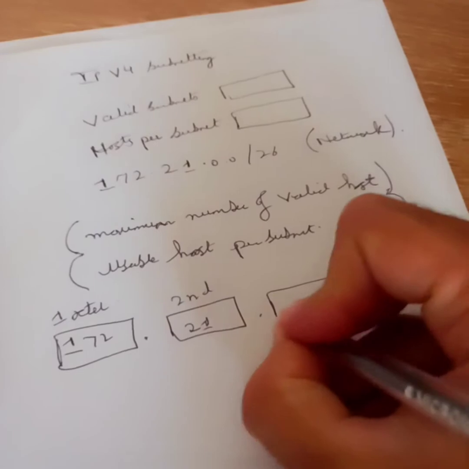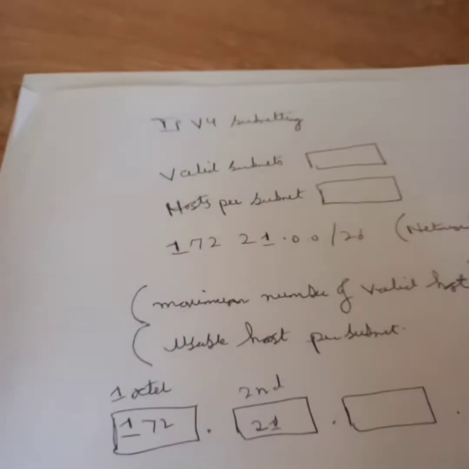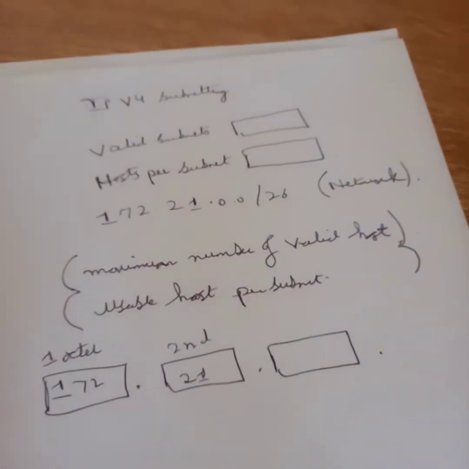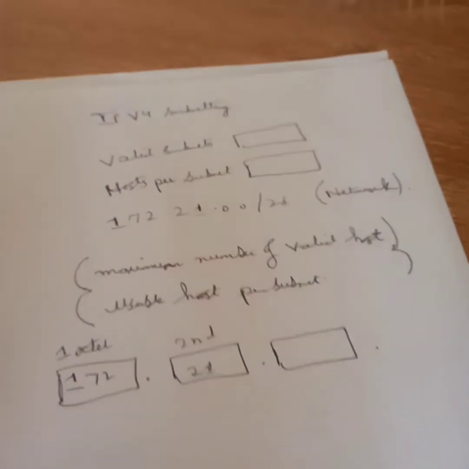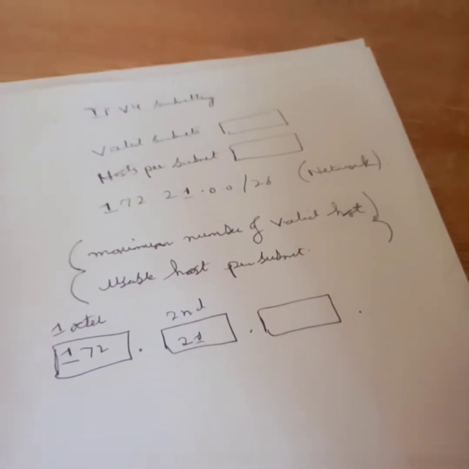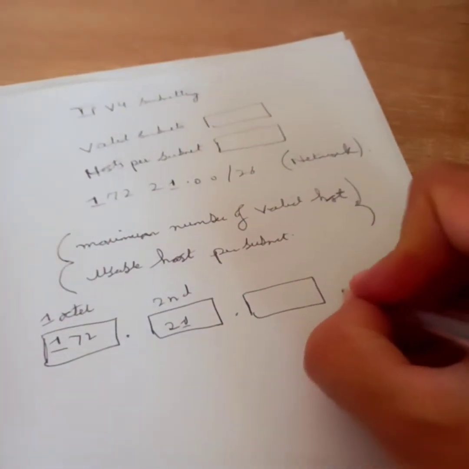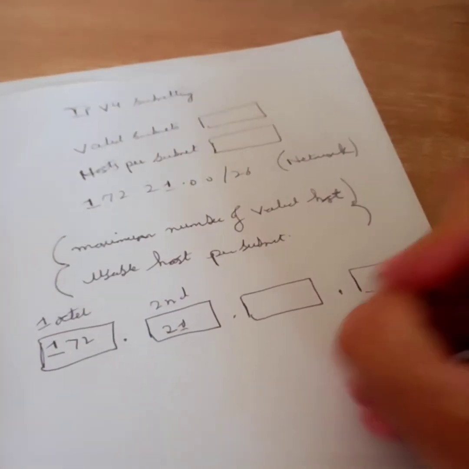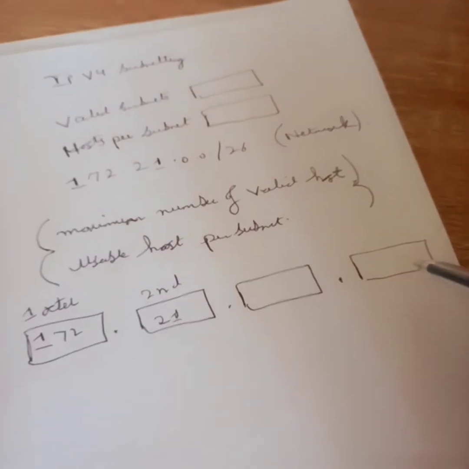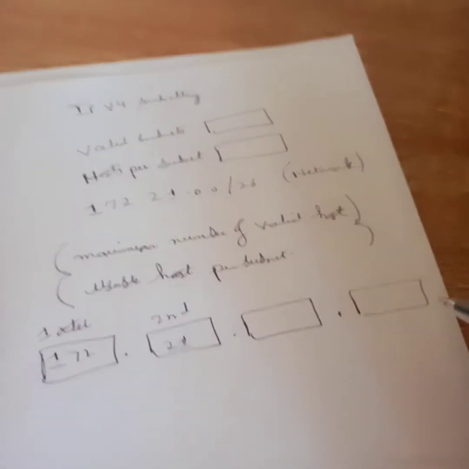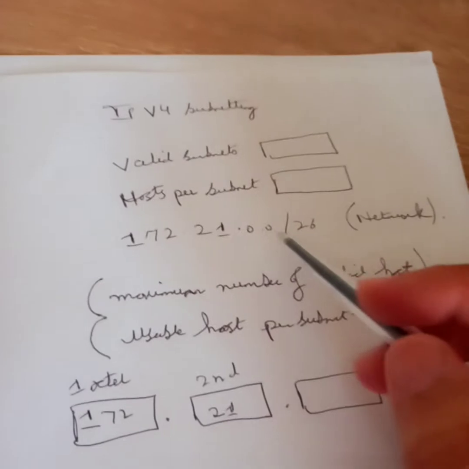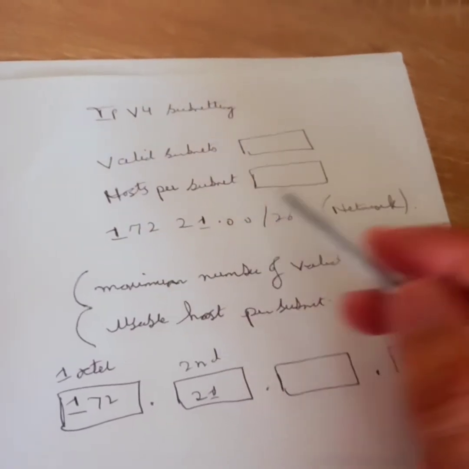Now, whenever we are finding valid subnets or usable hosts per subnet, always remember that if you are in class B, you will be working in the third and the fourth octet always. If you see up here, we got 0 here and 0 here.